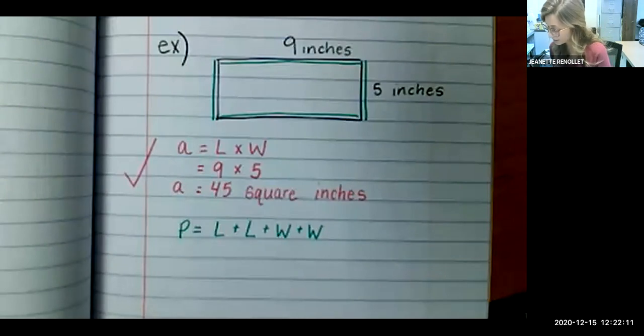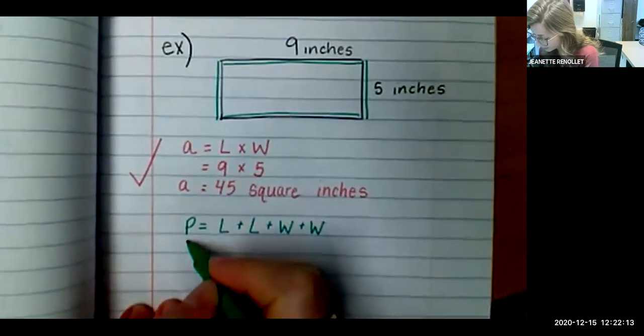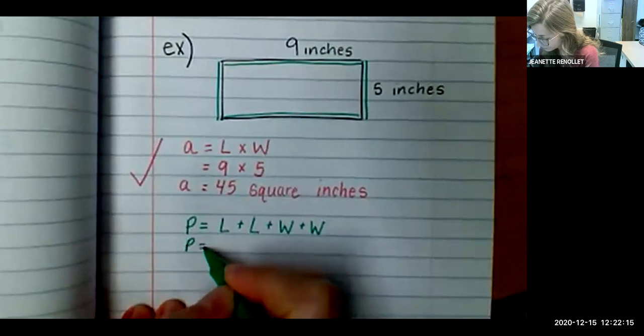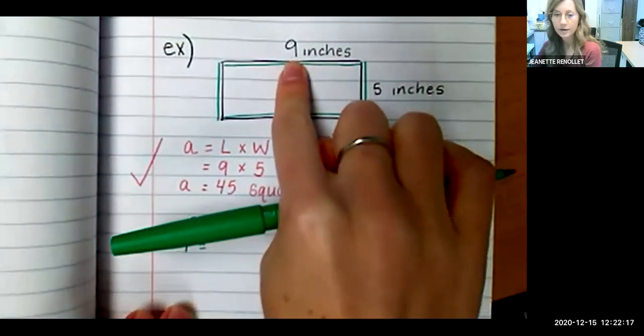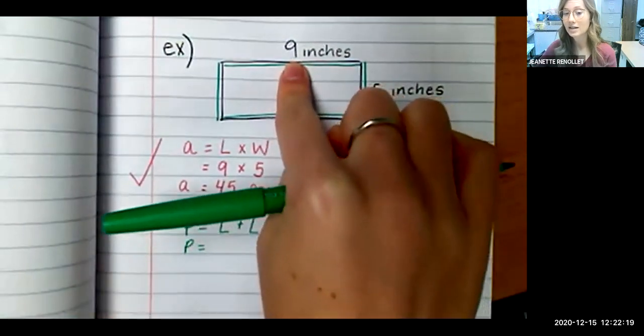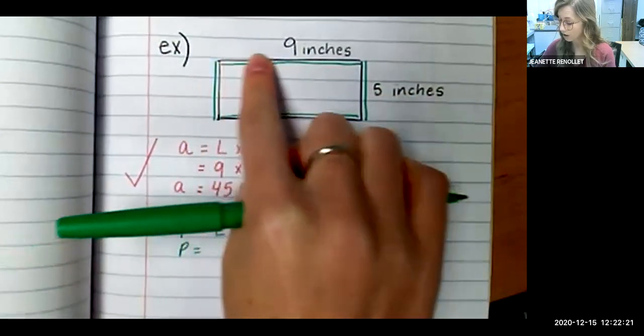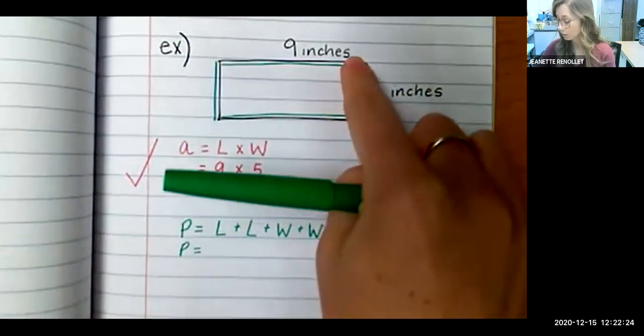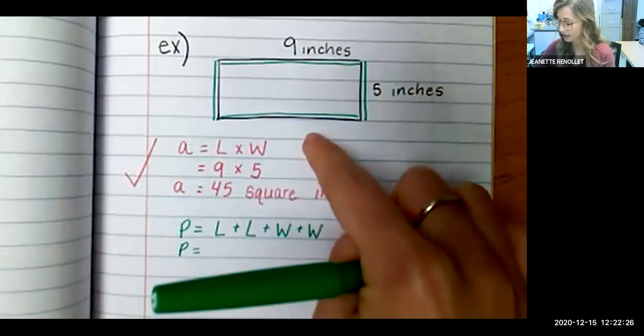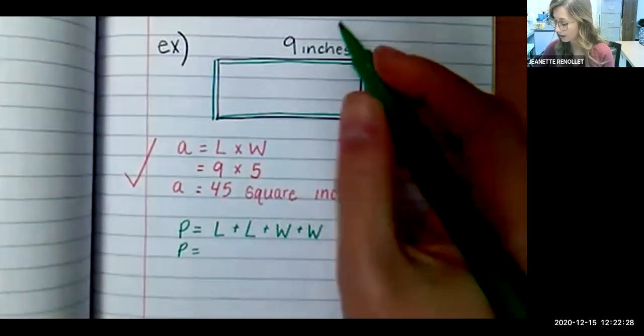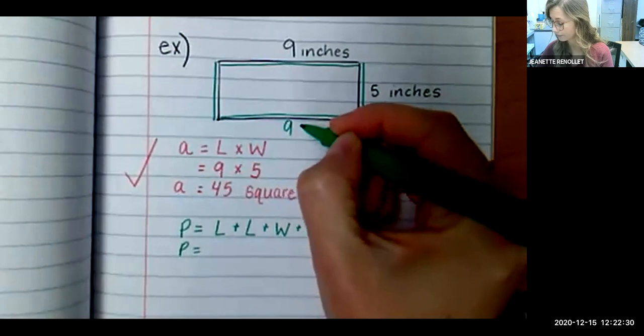So let's do that. To find the perimeter, I know that my shape is 9 inches long on the top, which means on the bottom side, it's also 9 inches long.